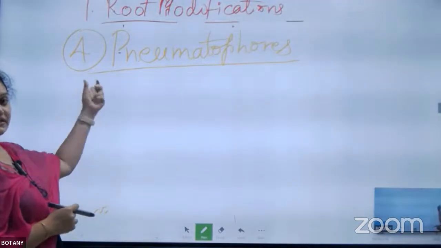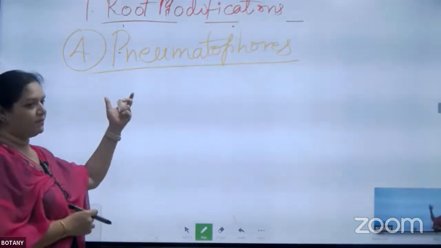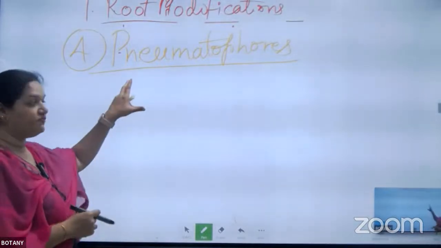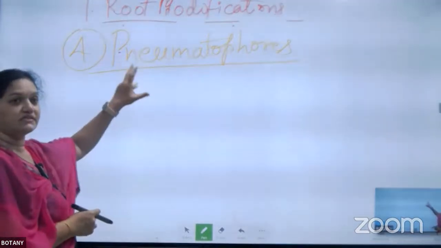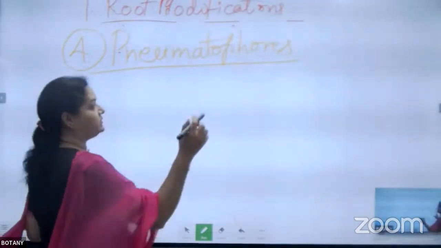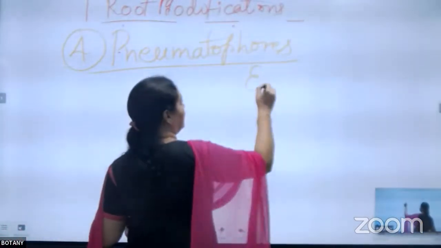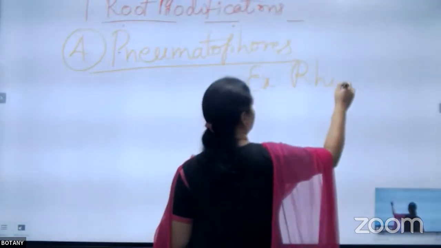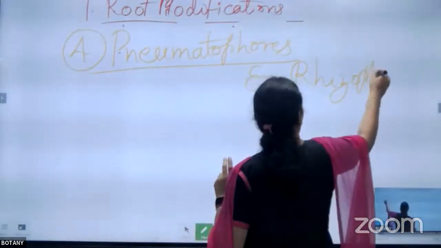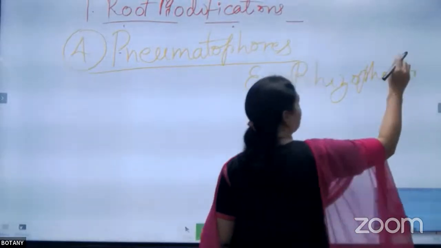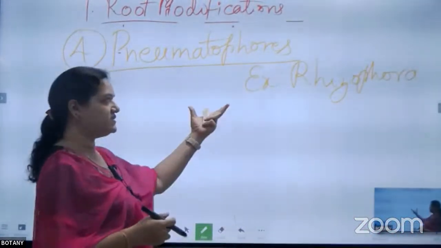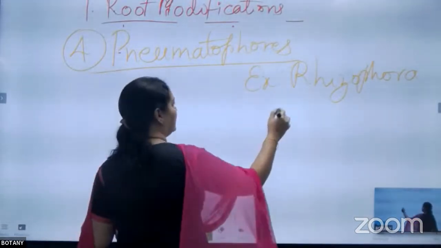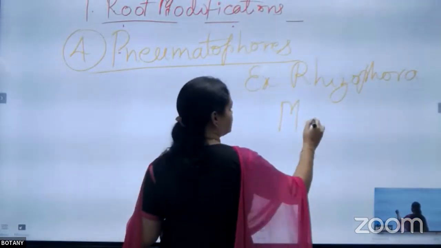But we can say them as the respiratory roots. And where will these roots arise and what is the best example in this? The best example in this, pneumatophores, is Rhizophora. If you are facing a problem in remembering this example, then simply write the mangrove plants.